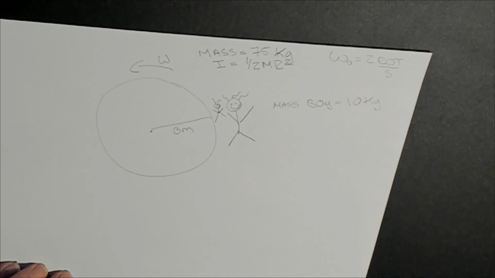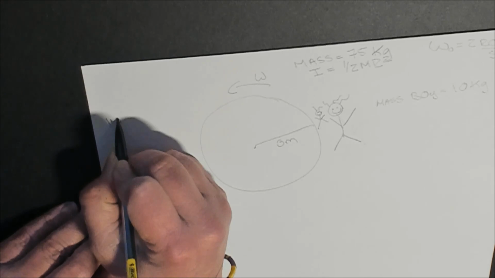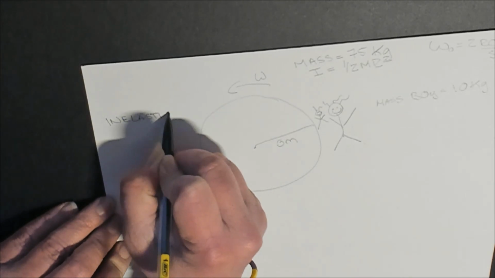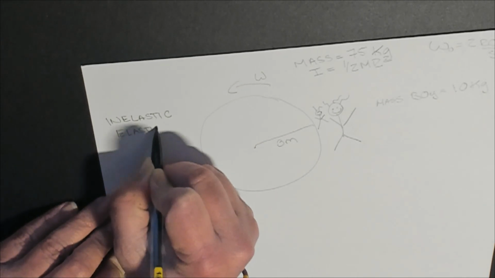In the first quarter of physics, when we did anything with collisions, we had two topics that we talked about. We had inelastic and elastic collisions.